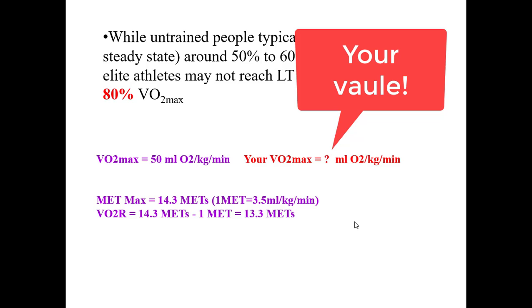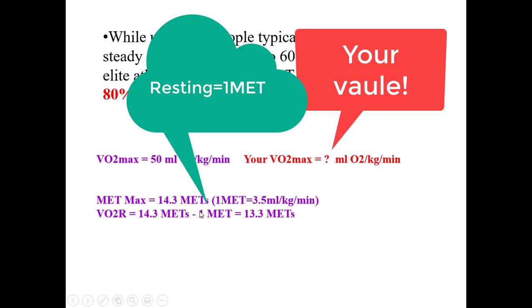Next is VO2 reserve, which is max value minus resting. What is our resting MET? It's just 1 MET. Did you remember? 1 MET is our resting. So 14.3 MET minus 1 MET is 13.3 MET. This is my VO2 reserve.